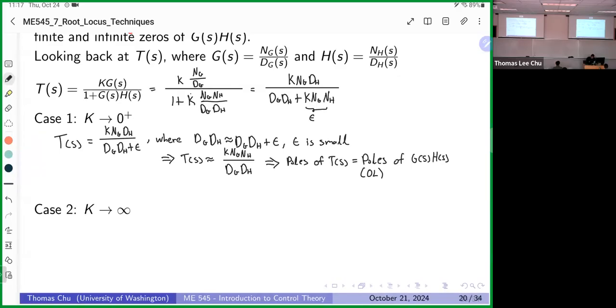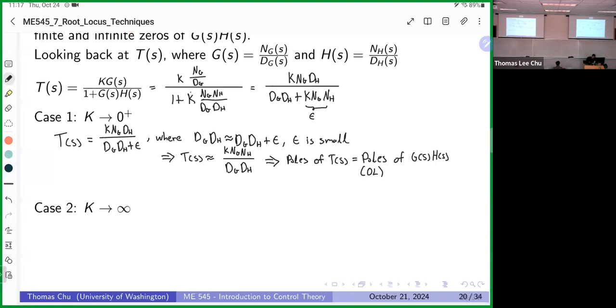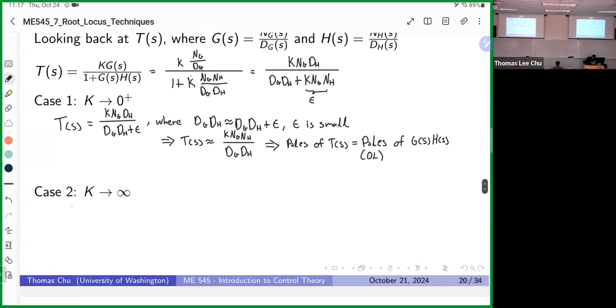So now if I increase K to infinity, as K goes to infinity, K NG NH becomes much larger than DG DH.